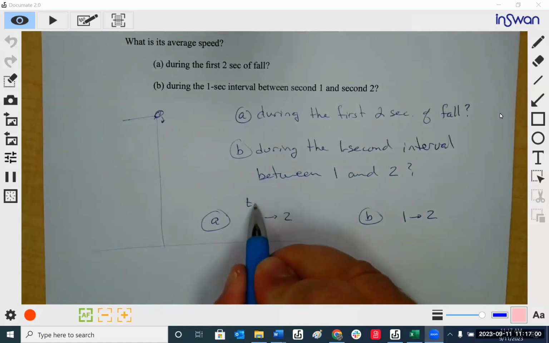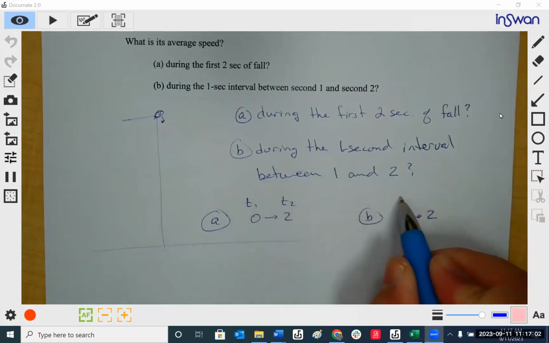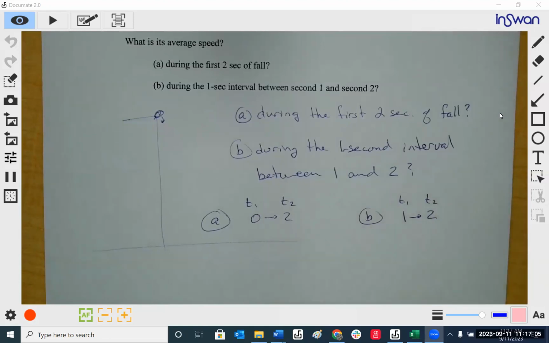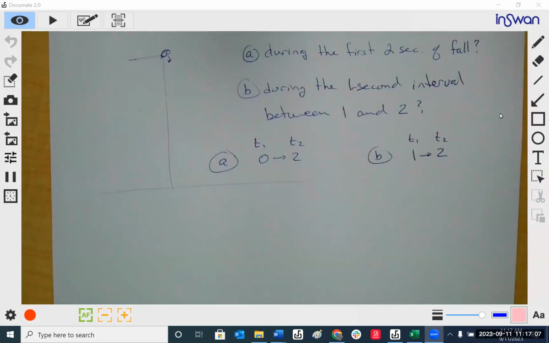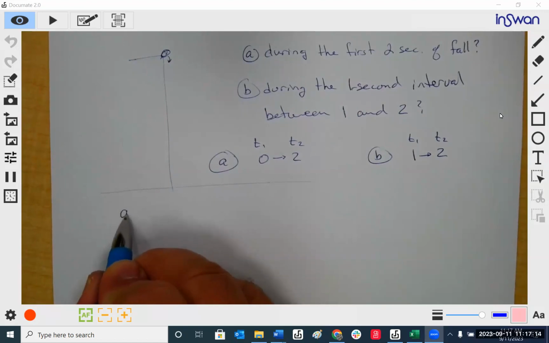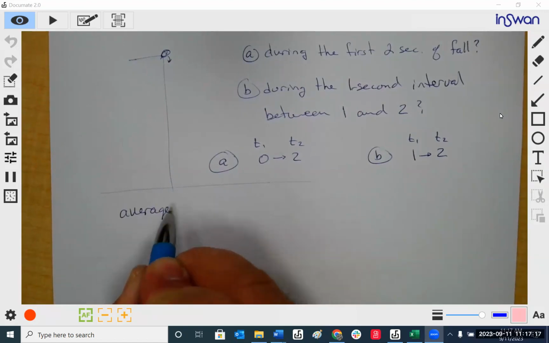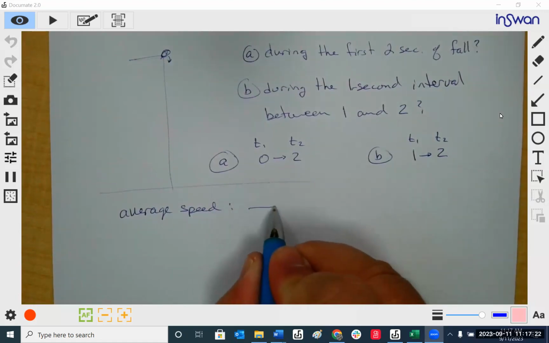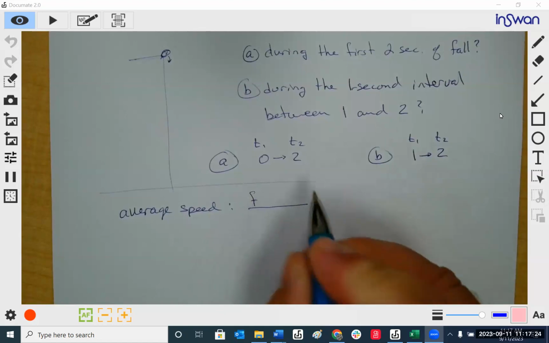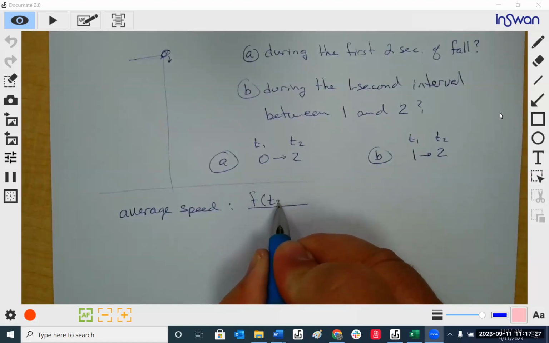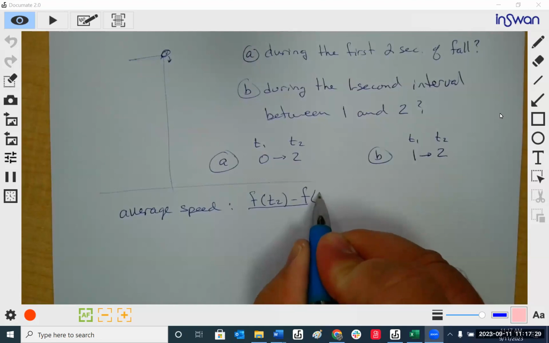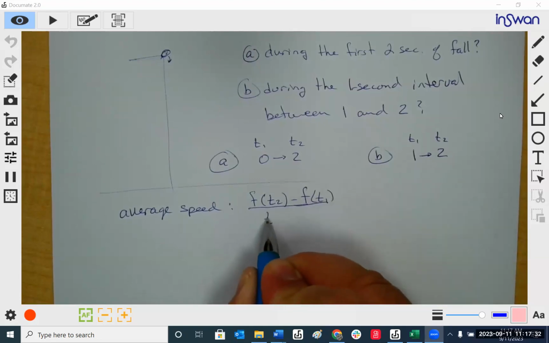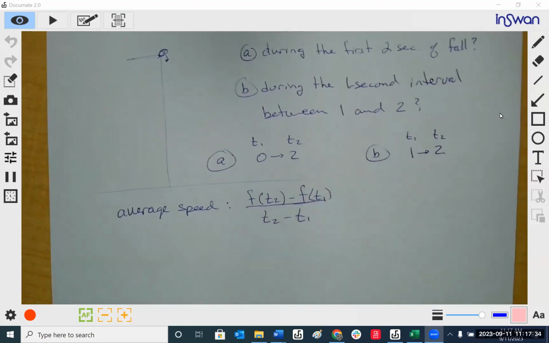So there are our times. So the average speed formula is f of T2 minus f of T1 over T2 minus T1.